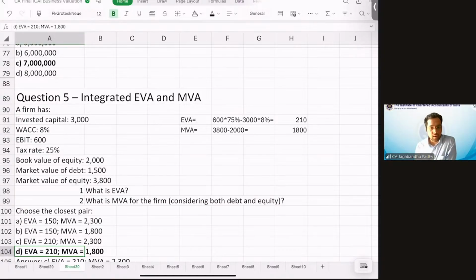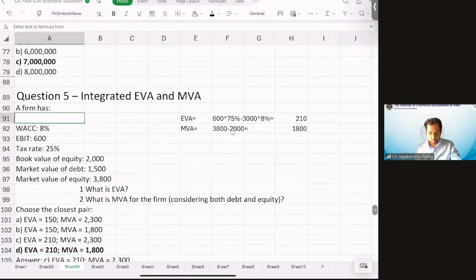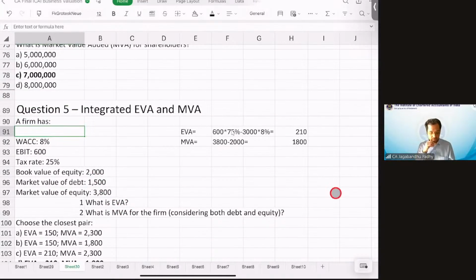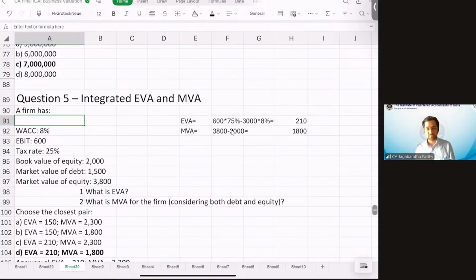Because the final market value of equity is 3,800, and the market value added is market value of the equity minus the book value of the equity, which is 1,800. So that's going to be option D, guys.